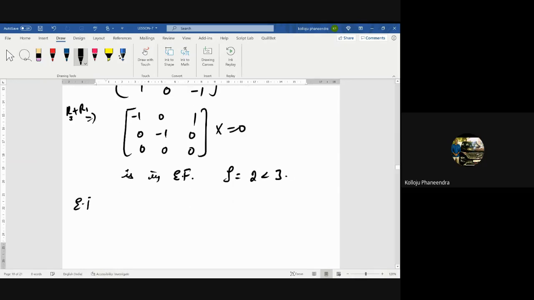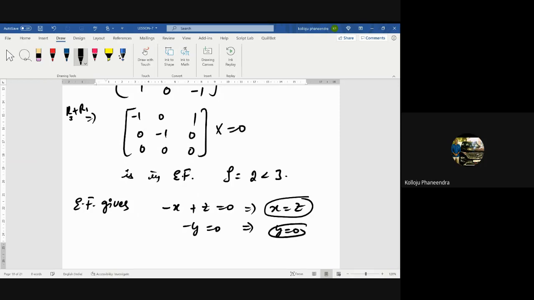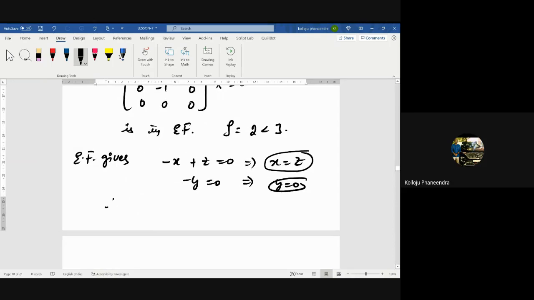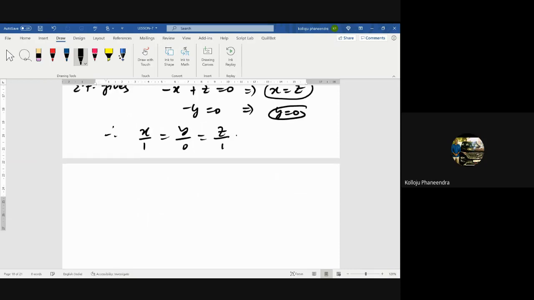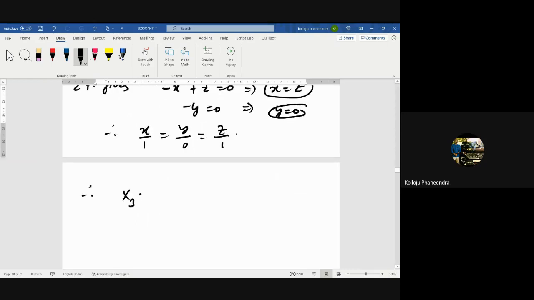And echelon form gives minus x plus z equal to 0, so x equal to z. And next, minus y equal to 0. Therefore, combining this, x is 1, y is 0, z is 1. So x3, the third eigenvector, is 1, 0, 1.